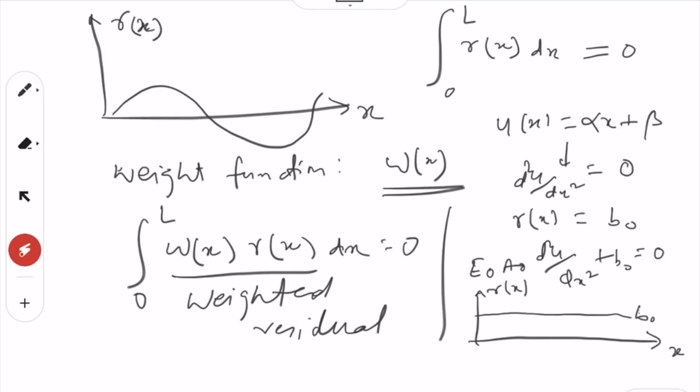Then it may be possible to have a weight function such a way that this kind of situation appears, and then it can find out the best fit in that case. Okay. So basically let us start with this one.